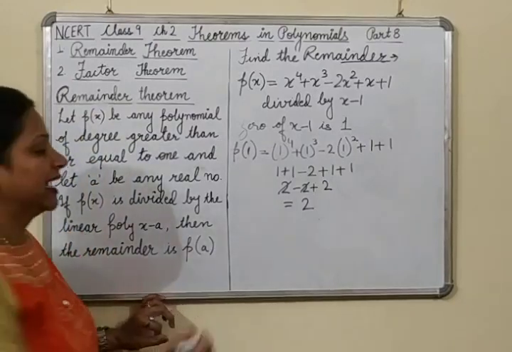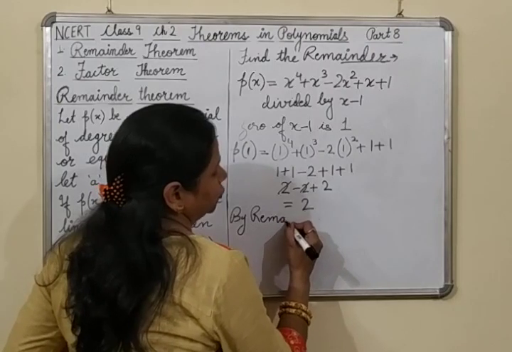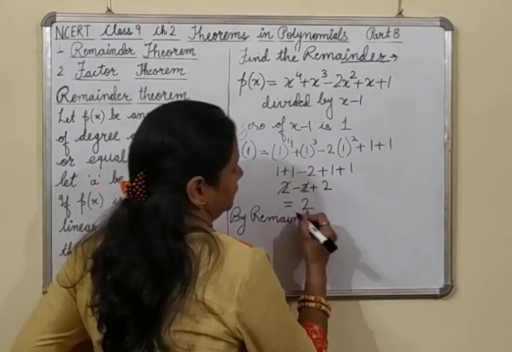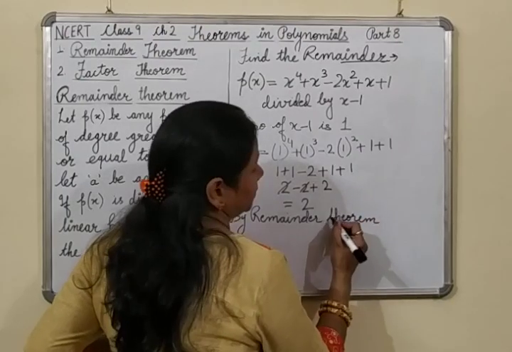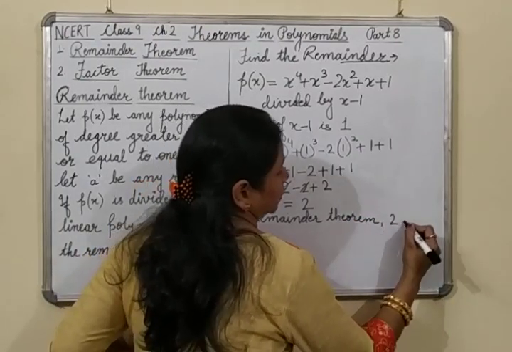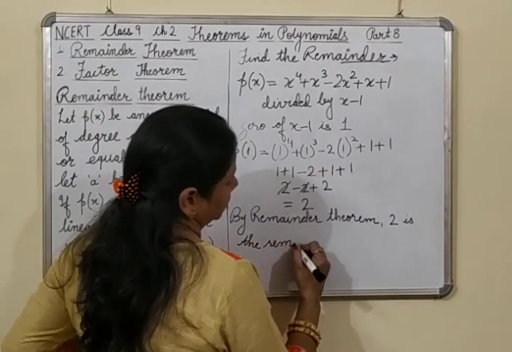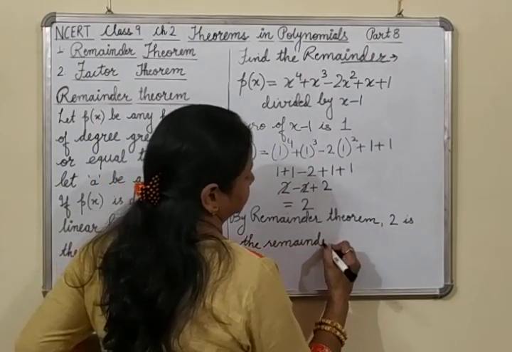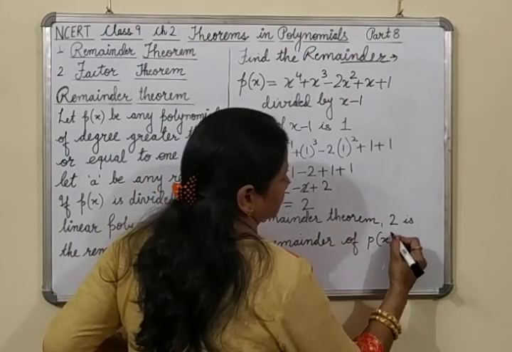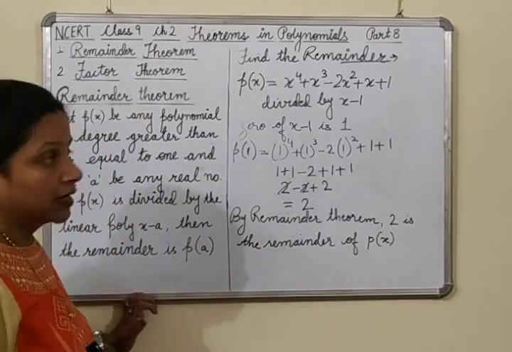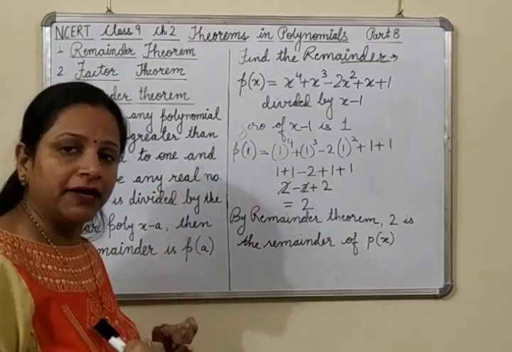So we say that by the remainder theorem, 2 is the remainder of P of x. Clear? I hope you understood how to apply the remainder theorem to find the remainder.